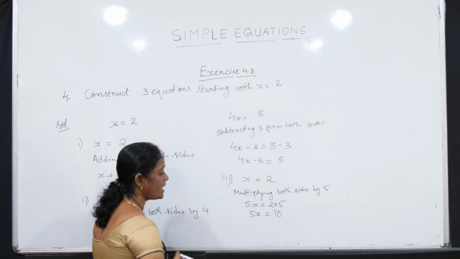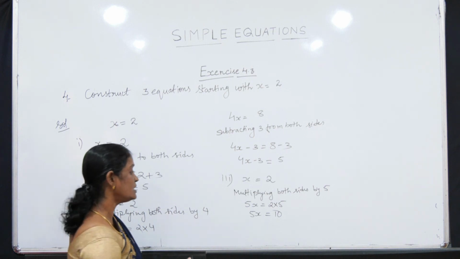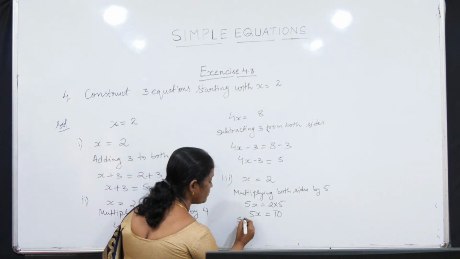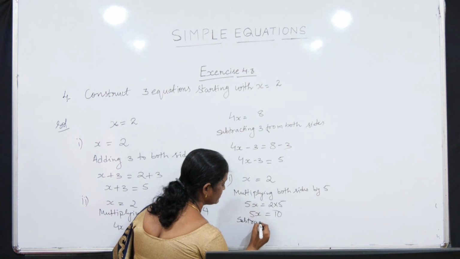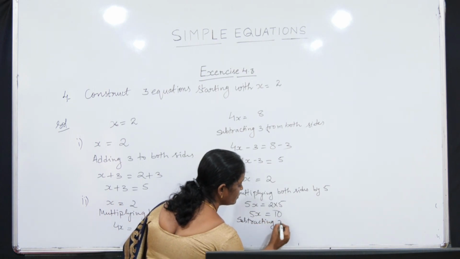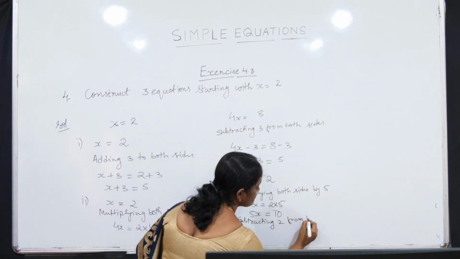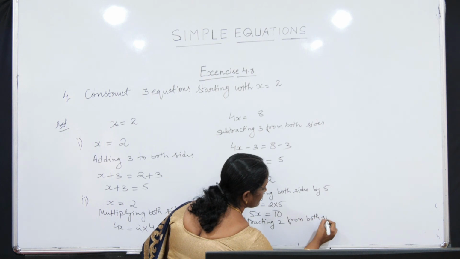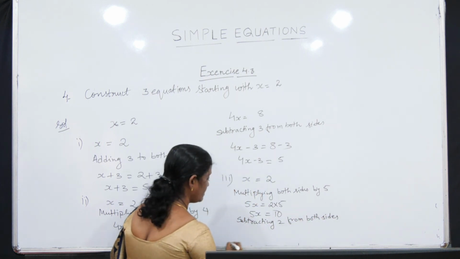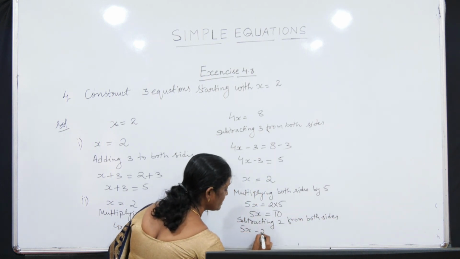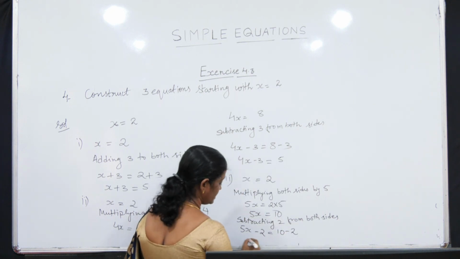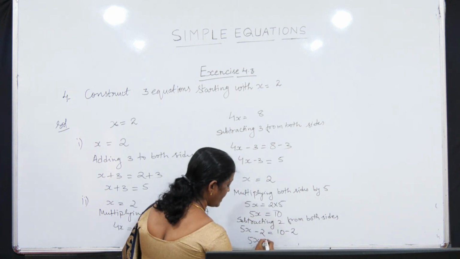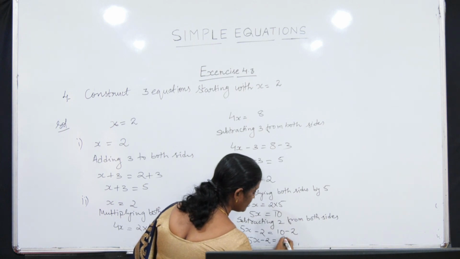Now we can subtract 2 from both the sides. 5x minus 2 is equal to 10 minus 2. That is 5x minus 2 is equal to 8.